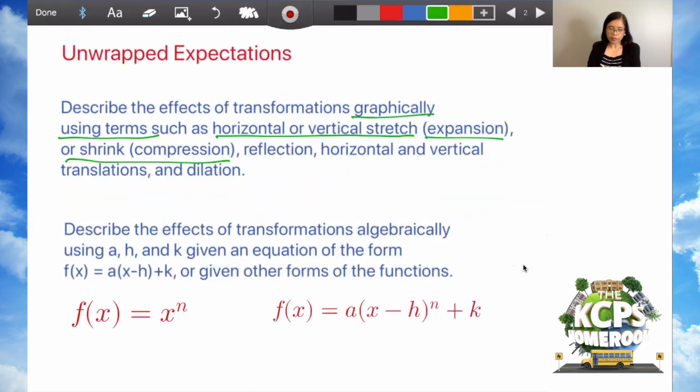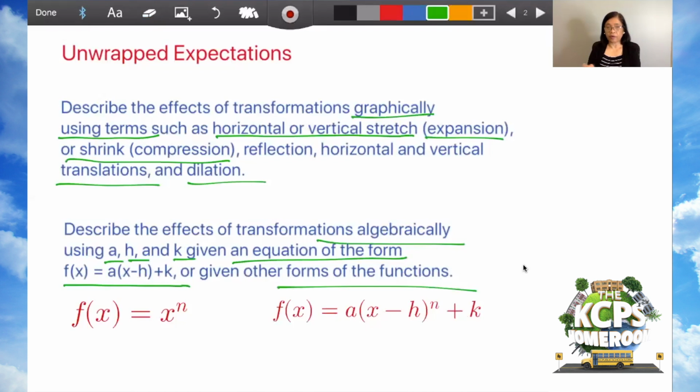We're talking also about translations and dilations. The second is describe the effects of the transformations algebraically using a, h, and k, given an equation of the form f of x equals a times the quantity x minus h, plus k, or given other forms of the functions.